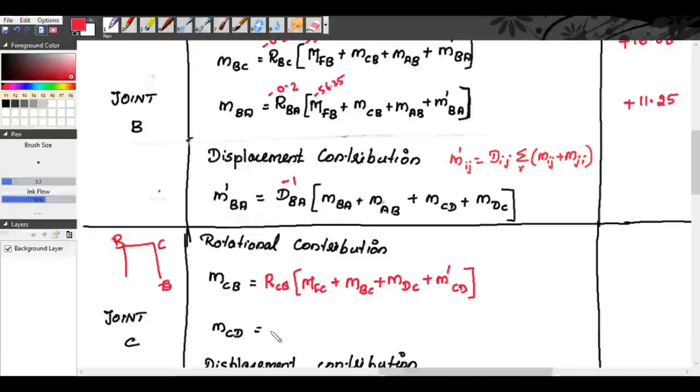Similarly, MCD is equal to RCD multiplied by MFC plus MBC plus MDC plus M dash CD.